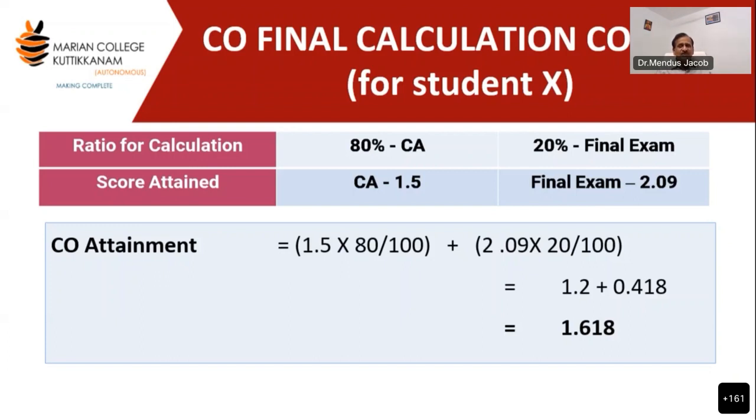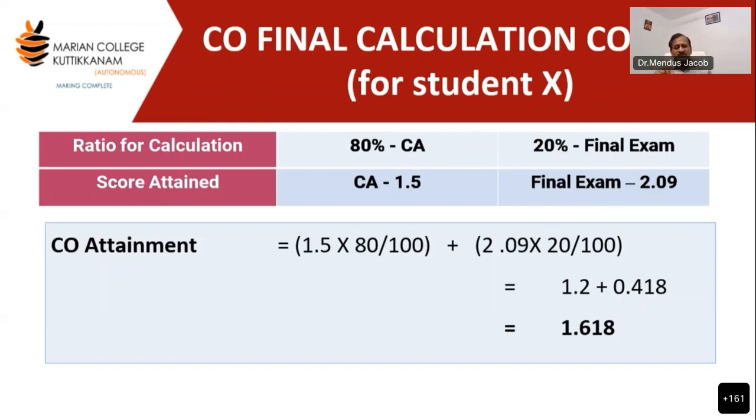Or if it is 80-20, that means 80% for external and 20% for continuous assessment. It should be like that. And the mark sheet, the mark list, will be coming like that only. Whereas for calculating the attainment of the outcomes, we can change that proportion. That also is according to the policy of the institution.